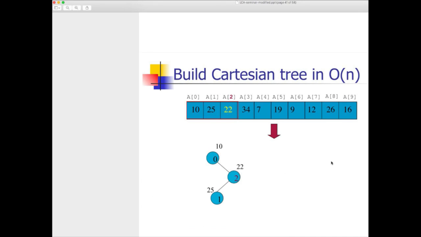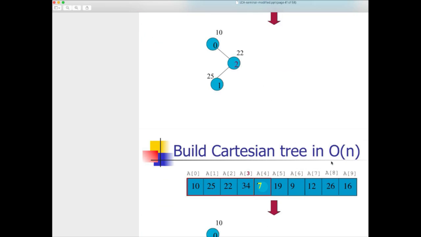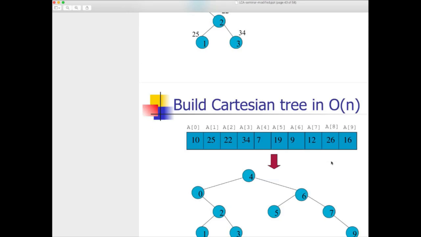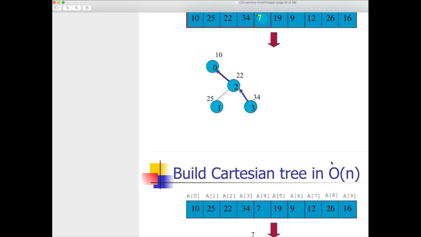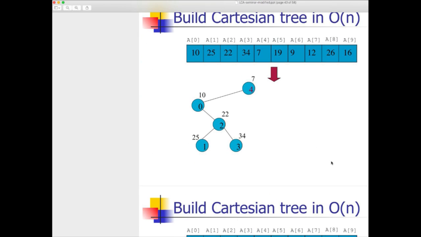It separated the child of 10, which was 25, and added it as the left node. At this point, the same thing continues. It again adds, and 10 just gets added over there. When 7 comes along, it keeps rising until it's at the root node, at which point it says, I'm the root node, so everything comes to the left of me. And you end up with a tree which looks like this.